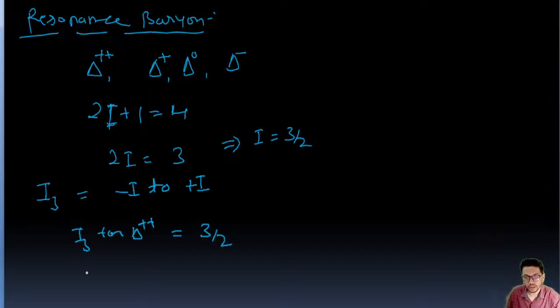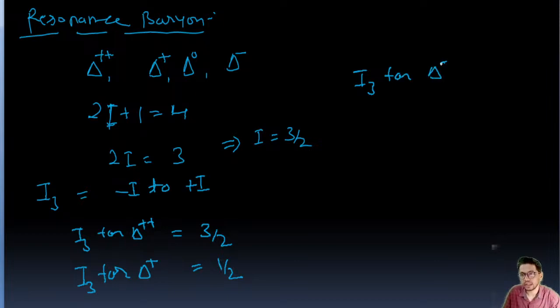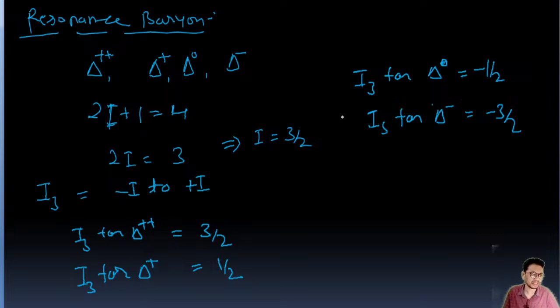You need to note down I3 for delta plus is going to be 1 by 2, I3 for delta naught is going to be minus half, and I3 for delta minus is going to be minus 3 by 2. So these are the I3 values of delta plus plus, delta plus, delta naught, delta minus.